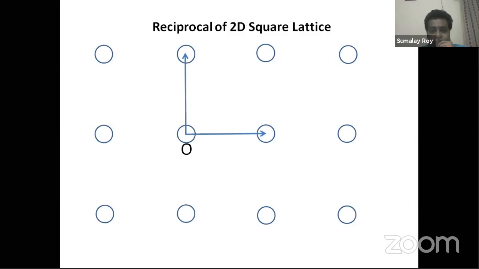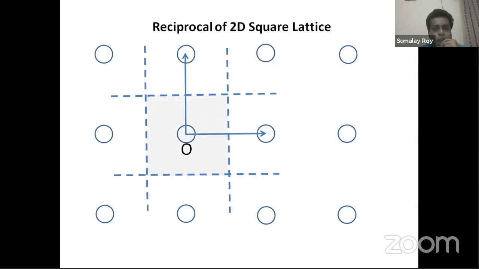This is one G which is perpendicular, this is one G which is horizontal. Now I draw a Wigner-Seitz cell on this reciprocal lattice, around the center, around the origin. So what is the prescription for drawing the Wigner-Seitz cell?